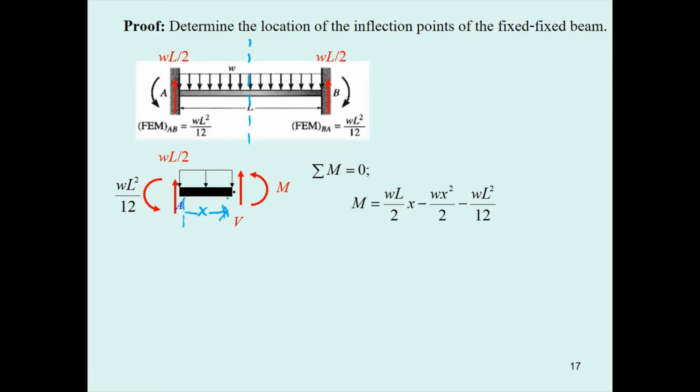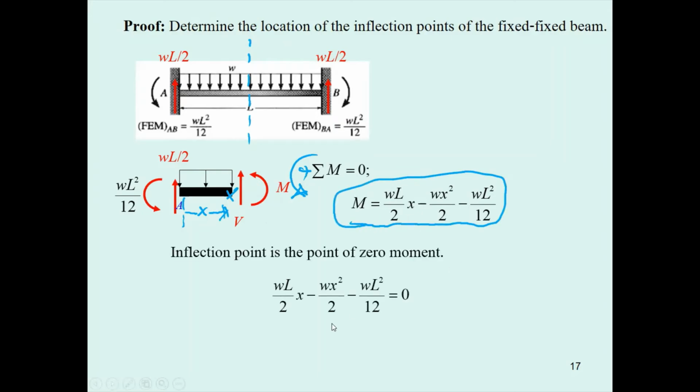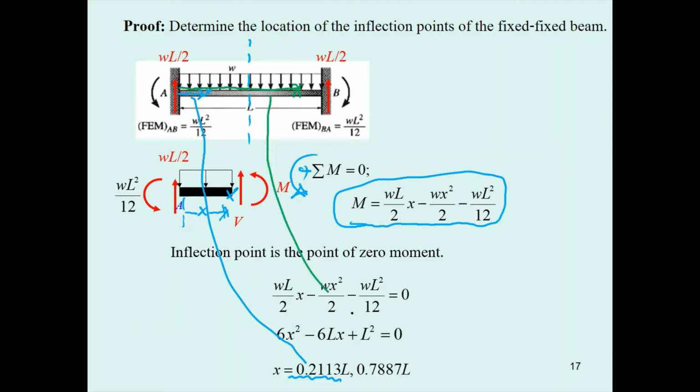Okay, you measure here over here. When you take the moment over here, M here is positive, so you get this equation. Okay, you can do it by yourself, and after solving this, you get the X equal to this number, and then you have one at this location, and another one you may measure it, and then you get it over here.